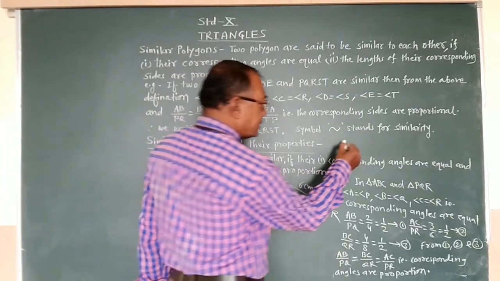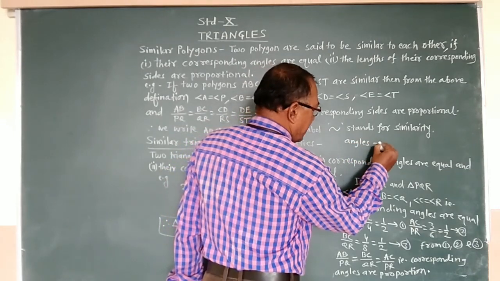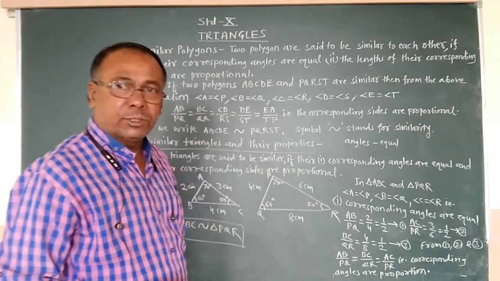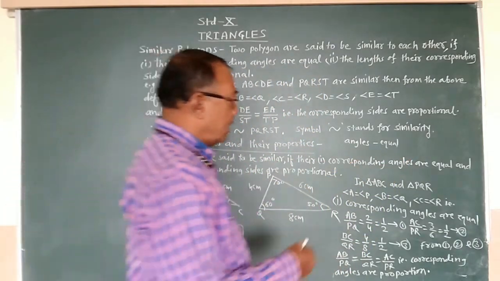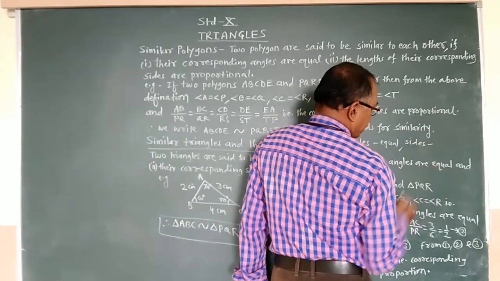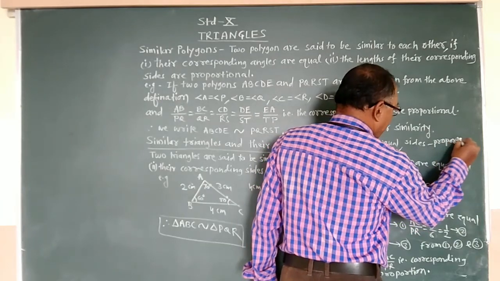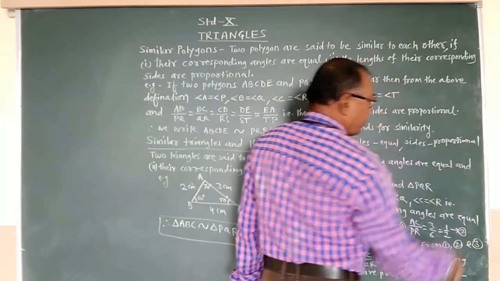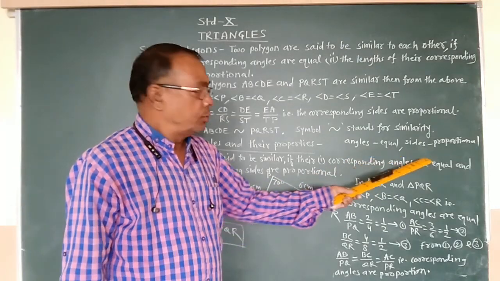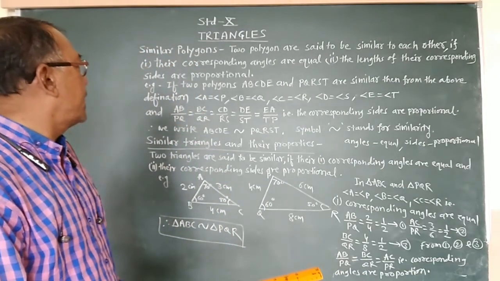Means corresponding angles should be equal and corresponding sides must be proportional for the similarity of the two triangles. So these are the two main conditions for the similarity of two triangles.